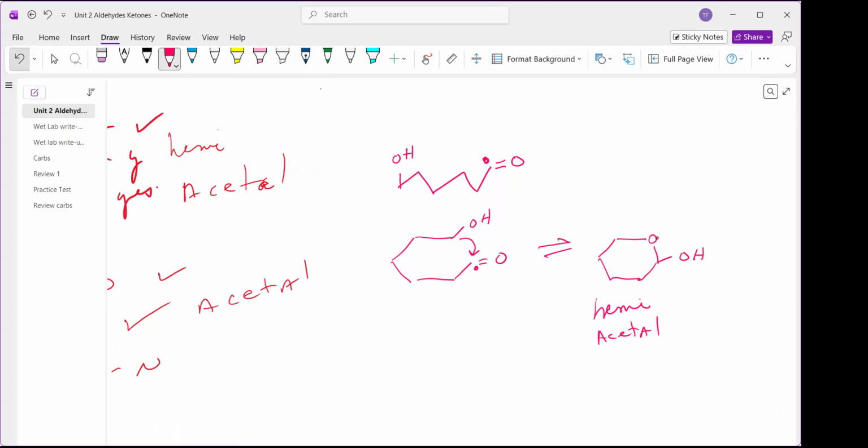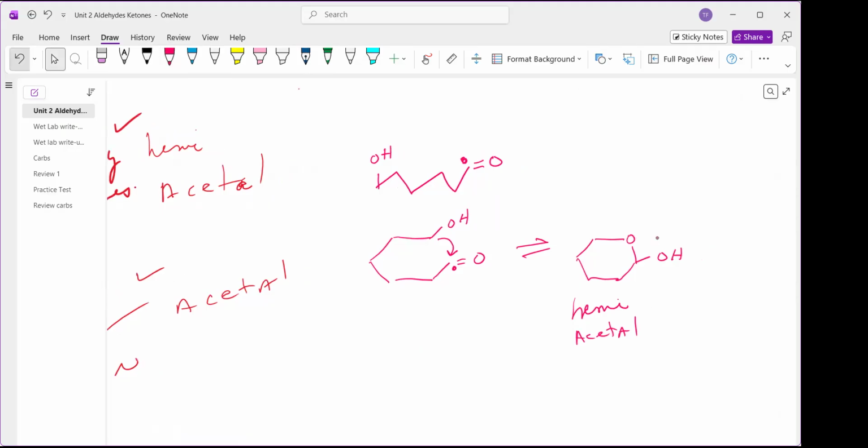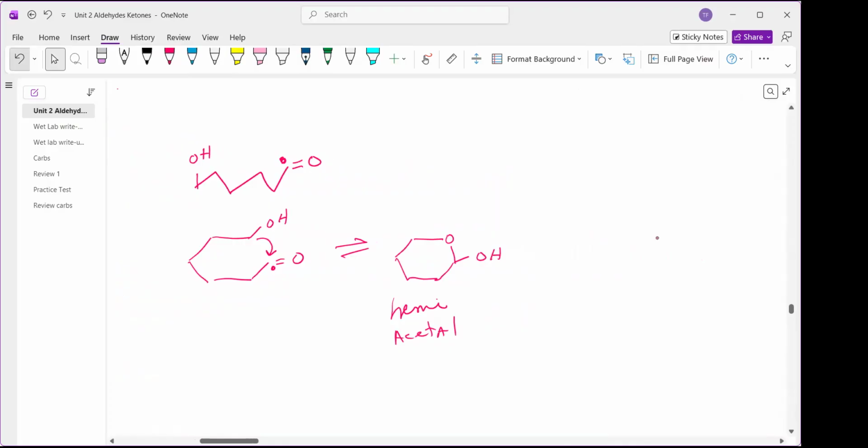And that's starting to look a lot like glucose. Now we can do the same reaction again. We've got a hemiacetal. We can add another alcohol to it. So say we added propanol again.